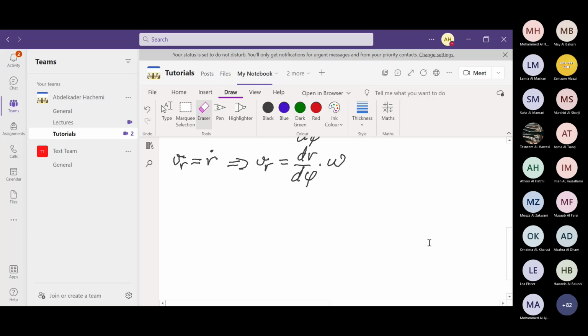Then what we have here, dr, we can write that dr, it's only vr divided by omega multiplied by dphi.